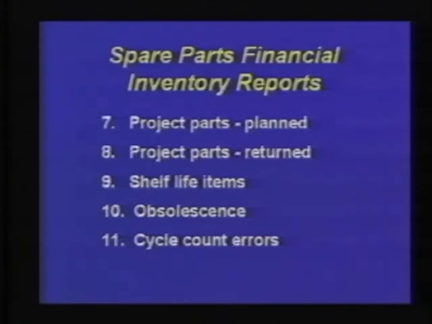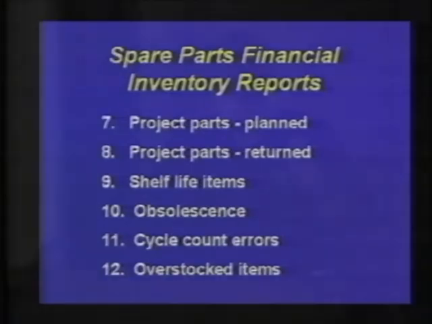Item 12 would be any overstocked items, and those overstocked items are a byproduct of engineered projects where we mentioned earlier that we could return the standard items that are in the storeroom to the storeroom, that is from overruns, if you will, for engineered projects.